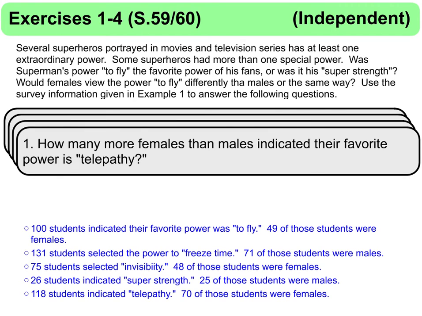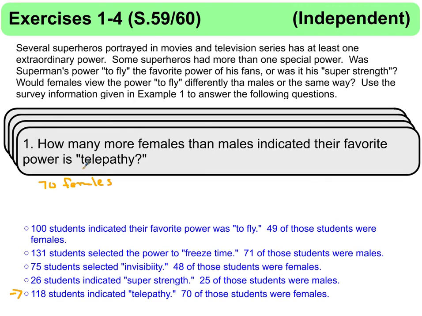So in exercises 1 through 4, it talks about how many more females than males indicated their favorite power is telepathy. So if we go in and look at telepathy, this is down here at the bottom. It says 118 students indicate telepathy. 70 of those students were female. So here's what we know. We know that 70 were females that liked telepathy. There were 118 surveyed total that liked that.